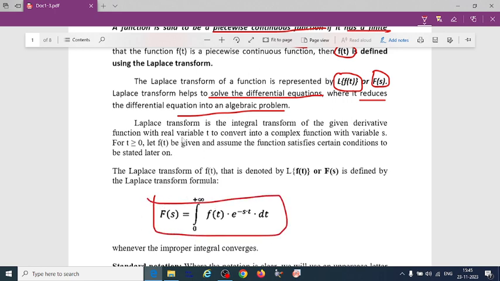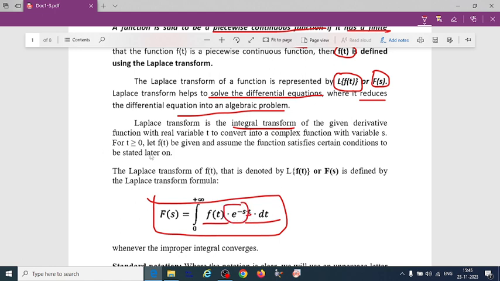So we usually denote it as an integral transform of the given function, that is f of t, with real variable t, to convert it into a complex function with the kernel e to the power minus s t.